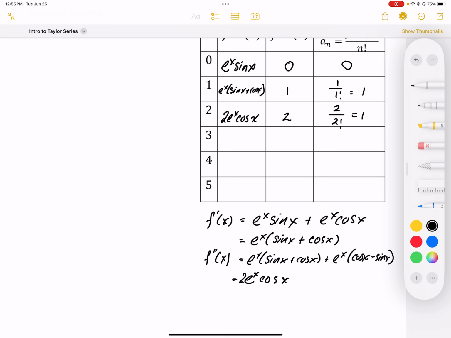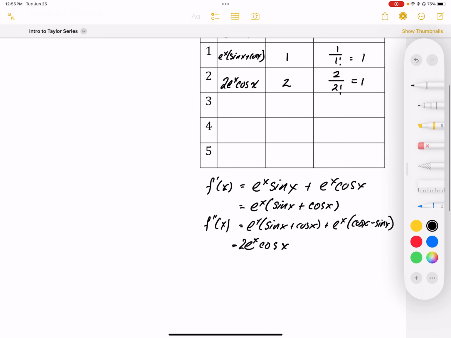Okay, and then differentiating this again, this is now into our third derivative, so f3 of x, 2e to the x cos x minus e to the x sine x.